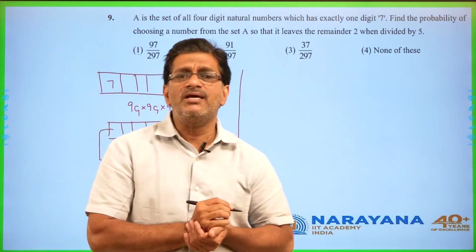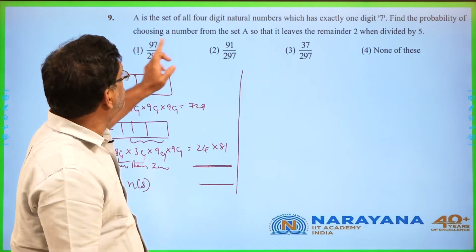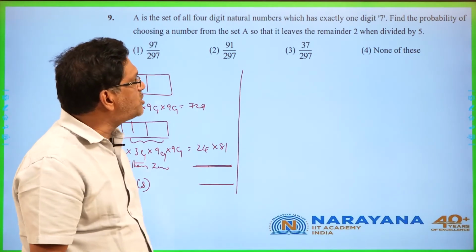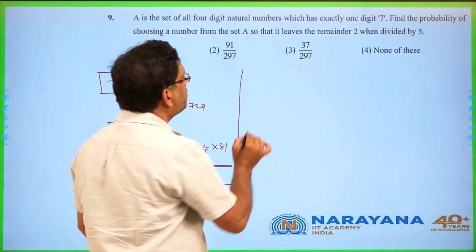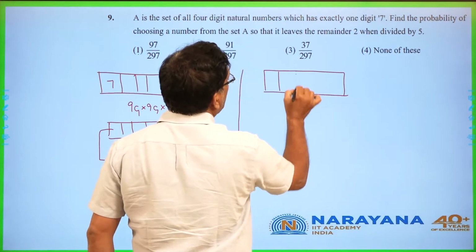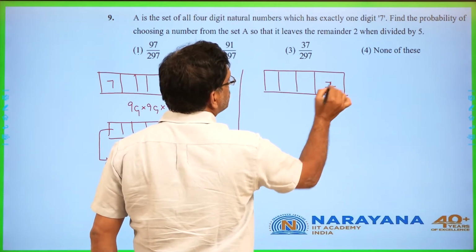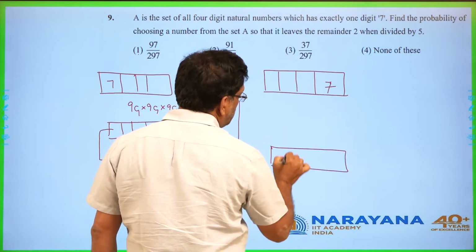What is probability? Favorable by total. This is total. Favorable: choosing a number that leaves a remainder 2 when it is divided by 5. So the last digit may be 2 or 7.